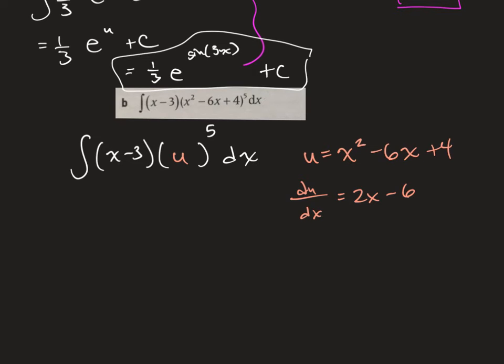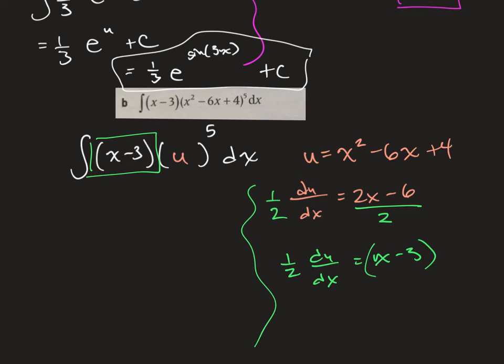So in fact, I'm going to choose to just divide this whole thing by 2, which is the same as multiplying by 1/2. And so I'm going to get 1/2 du/dx is the same as x minus 3. And then we're just going to replace that x minus 3. So we're going to have the integral of 1/2 du/dx times u to the 5th dx.